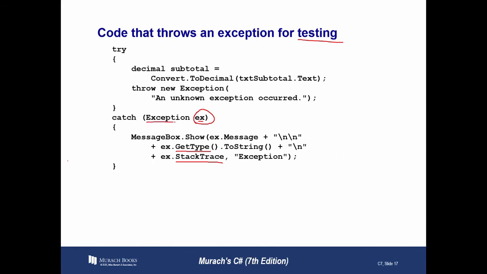It's of type exception, and we're just going to call it EX, short for exception. And then you can see within my code, I'm using EX with my dot operator to call my get type. So this is how we employ that when we want to do these tests. It's one way of doing it.